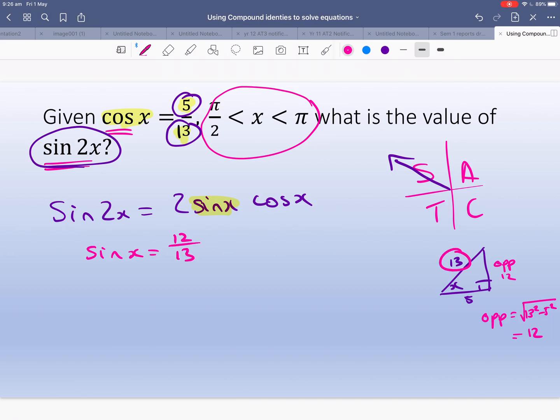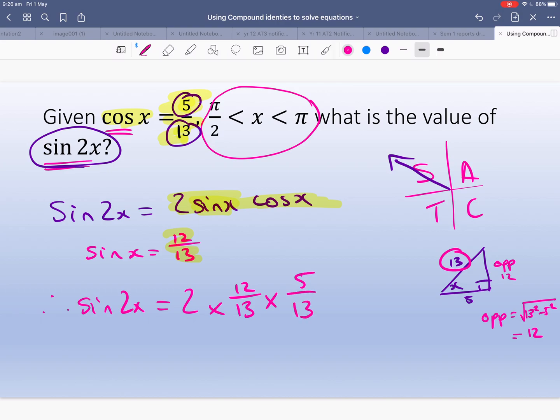Okay. So given one of them, we can find the other. And now I can substitute this and this into this whole thing. So therefore, sine 2x equals 2 times sine x, which is 12 over 13, and cos x is 5 over 13.